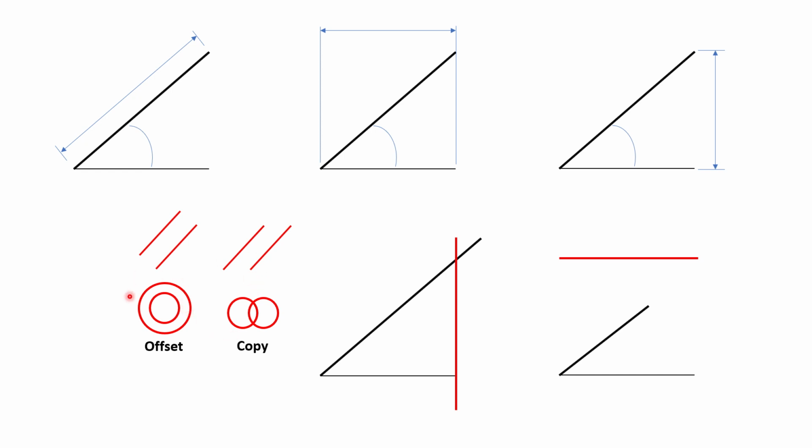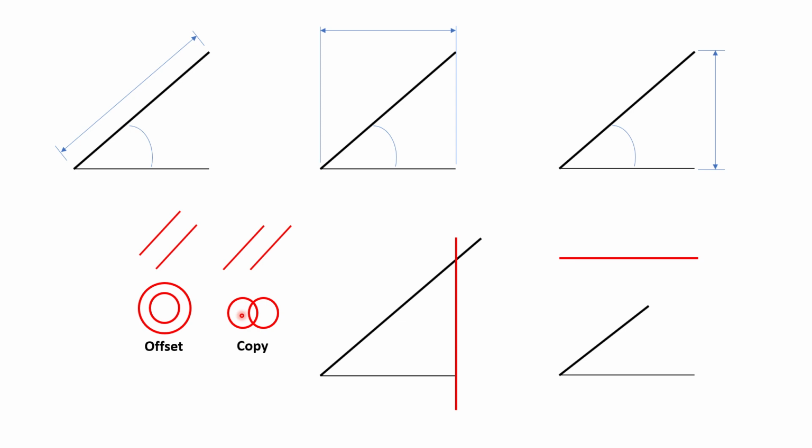The other thing about offset is that you can offset a circle. But when you make an offset of a circle, it does not make a repeat of the circle. It really depends on the direction. You can offset it outside, which will make the circle bigger. If you offset it inside, it will make the circle smaller.